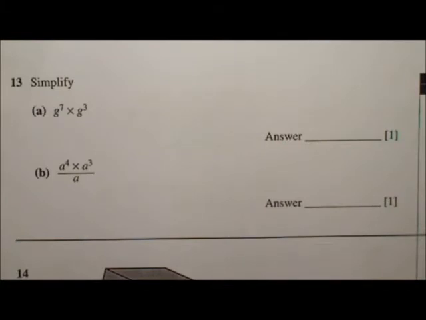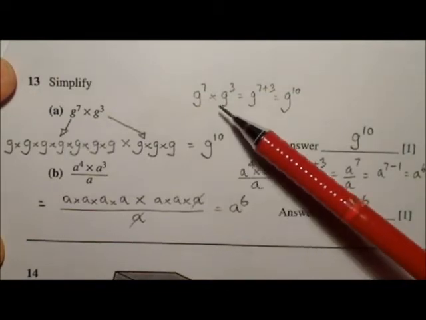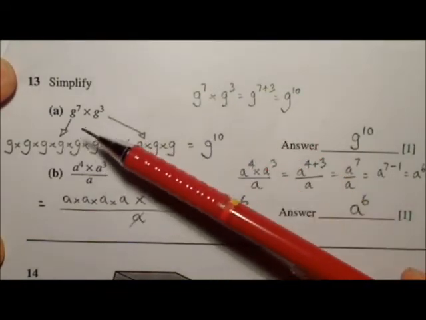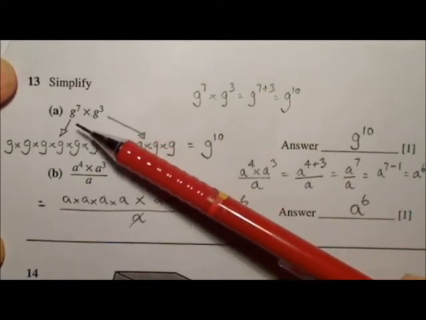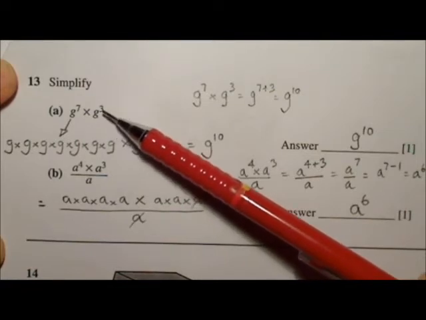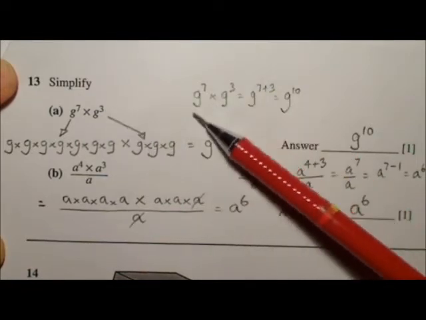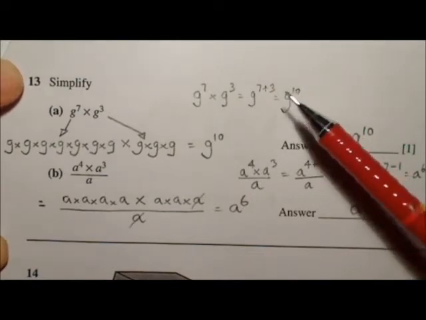Okay, so there's question 13. If you want to stop the video and have a go at that, we'll go through it in a few seconds. Okay, so for question 13, here we're asked to multiply two powers. So it's g to the power of 7 multiplied by g to the power of 3. And now there's a rule for this. If you know the rule, then you can just apply the rule.